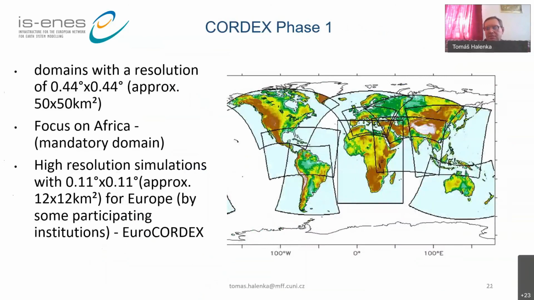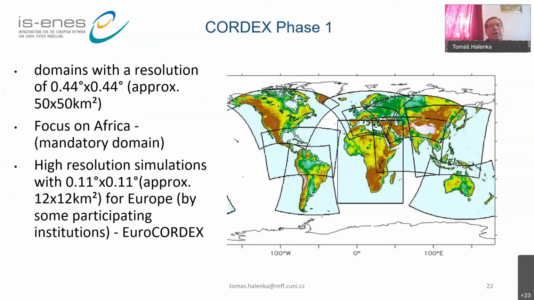There are many regions covered, basically all the continents. In some continents, especially a big one like Asia, there are more regions. In Europe we have one pan-Europe region, and we have a Mediterranean region. The focus of phase one was on Africa, to get information on the climate change signal there.